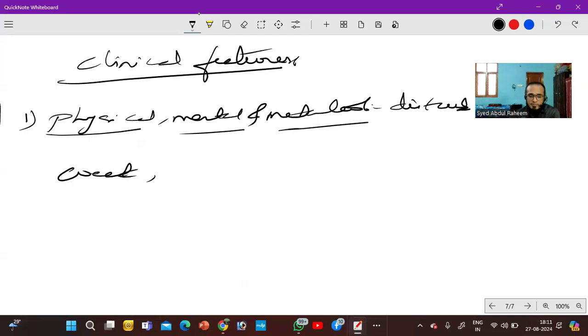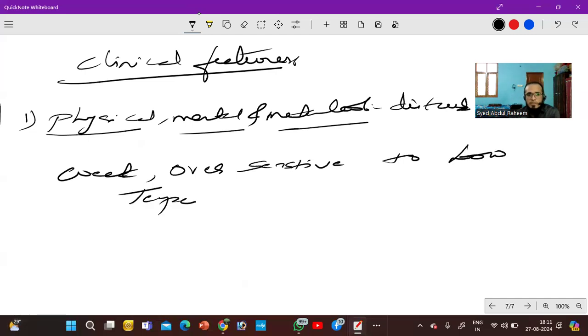Physical, mental, and metabolic disturbance. First, the patient will become weak, and the most common symptom of hypothyroidism is oversensitivity to low temperature. Okay, low temperature.